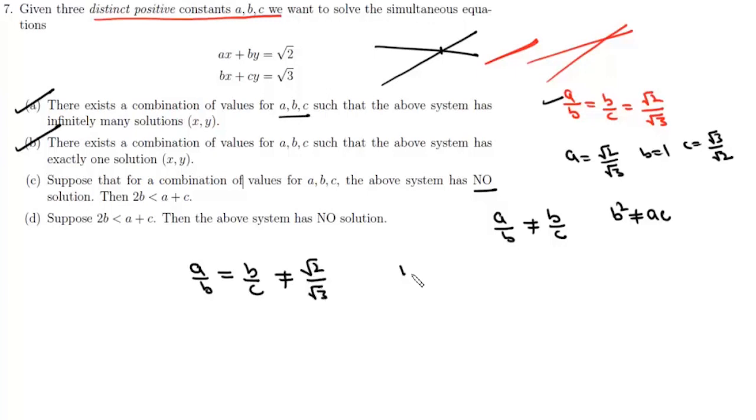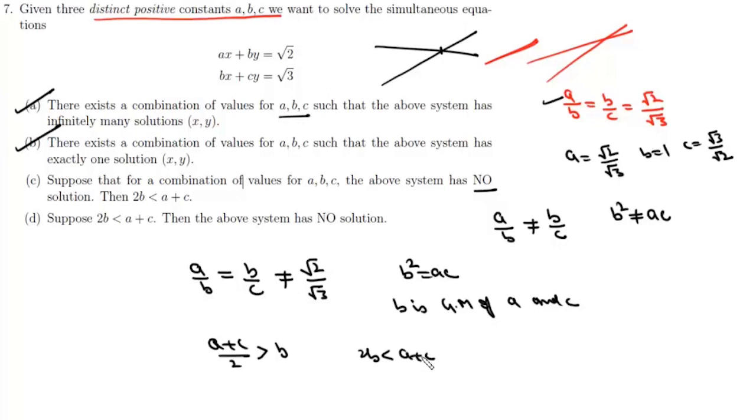And in this case, we'll have B square equals AC, that is B is geometric mean of A and C. Now, if we take its arithmetic mean, A plus C by 2, we know that arithmetic mean, it is always greater than its geometric mean, which is B. So from here, we get this condition that 2B is less than A plus C. So this system of equation will have no solution, then 2B should be less than A plus C. So this option C is also correct.